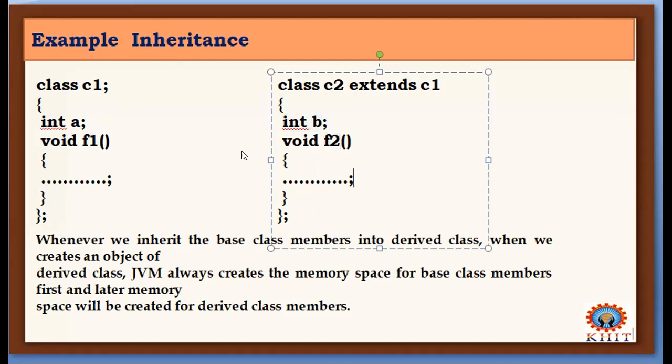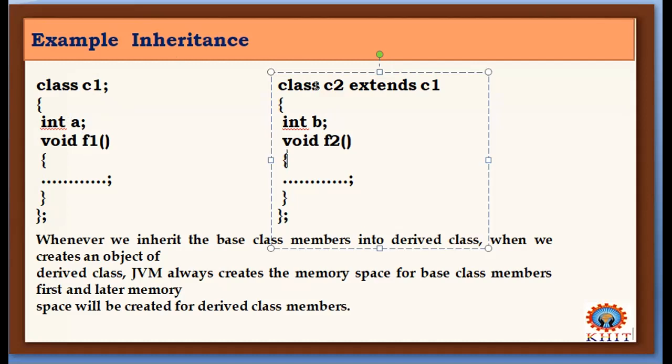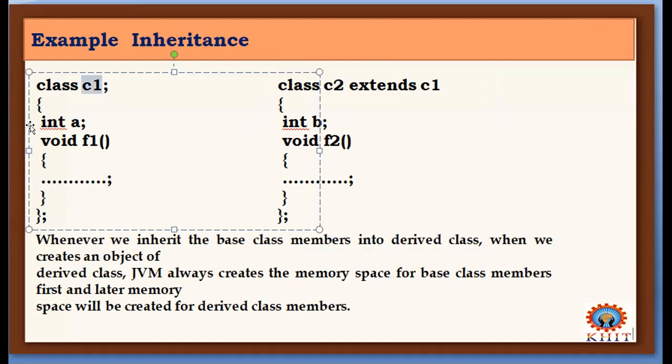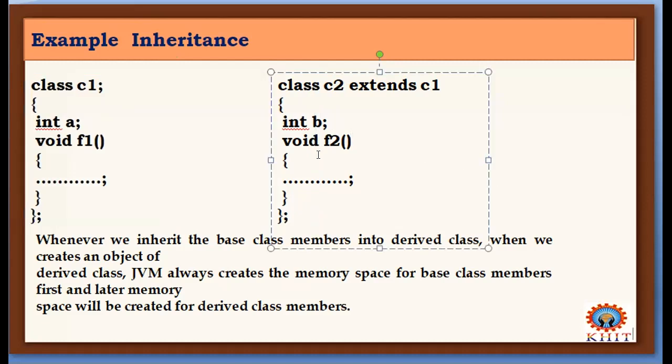Okay. So C1 is a class with a variable a, and it has a function f1. Right? And C2 is another class which extends all the properties of C1. That means this a and f1 can be accessed here also. And apart from that, we have a variable b and f2 which are specific to the class C2.